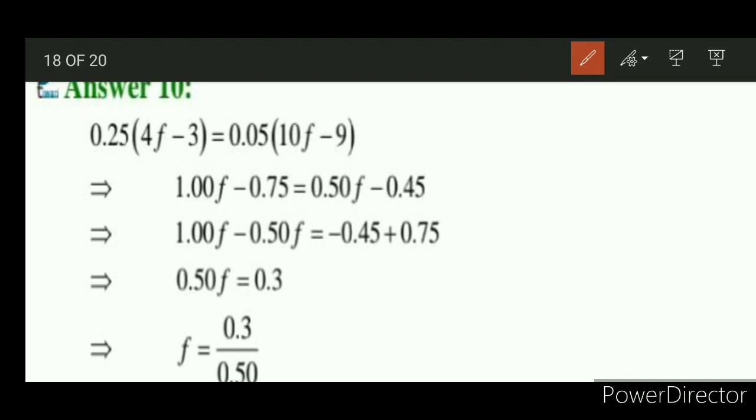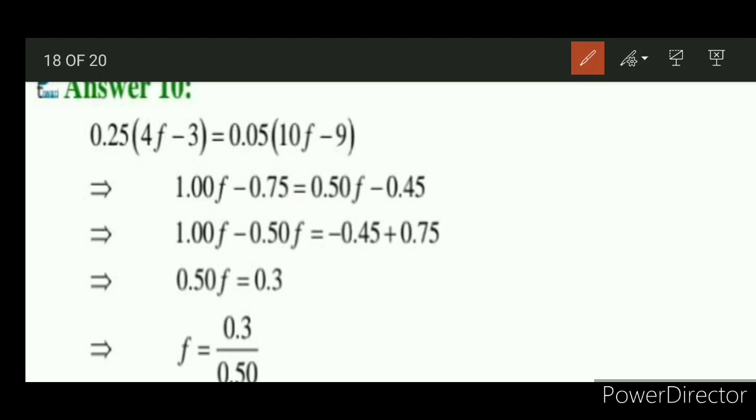They multiplied by 0.25 for both the terms. 0.25 into 4f will give 1.00f. 0.25 into 3 you will get 0.75.